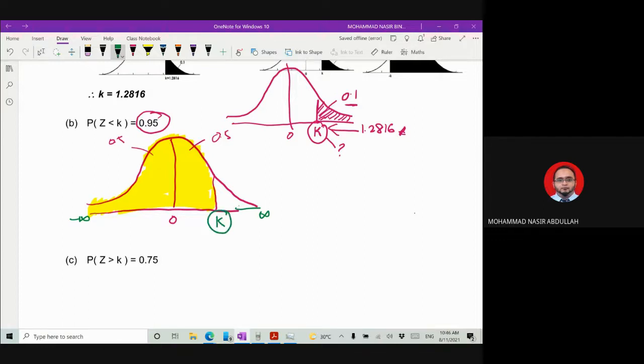And that's why I told you again and again, you need to remember the characteristic of normal distribution, right? So here, let's say we want to find this area, right? K here, it can cover, so with this one, we can find the probability of Z more than K. Equal to how much? 0.05.